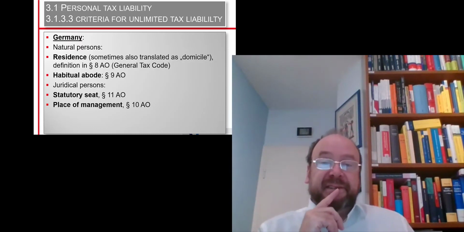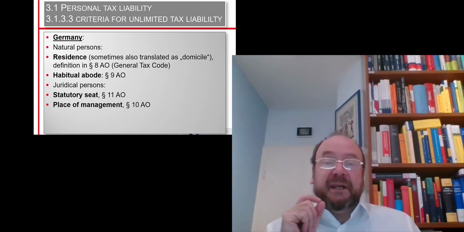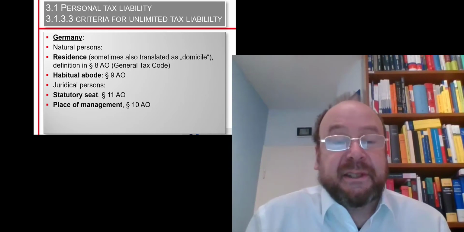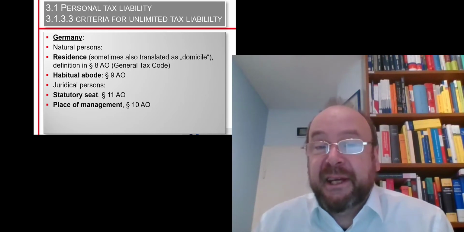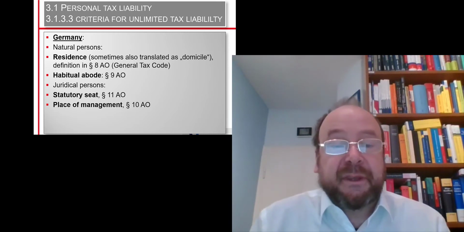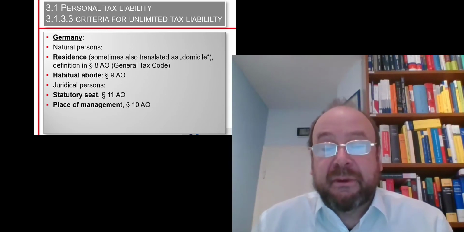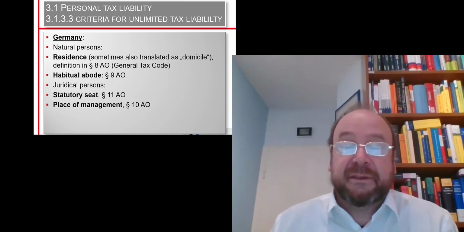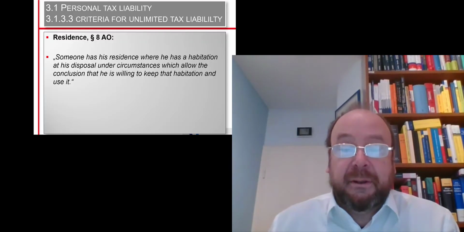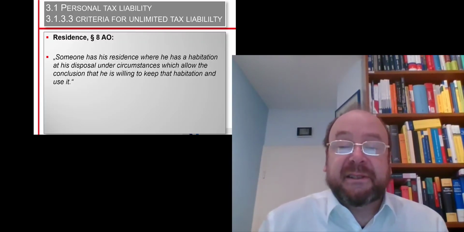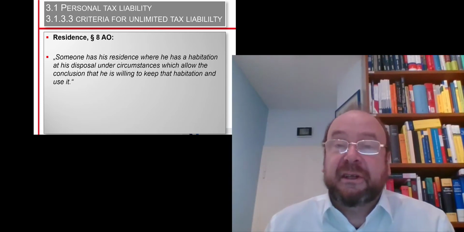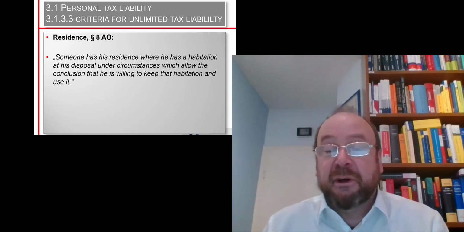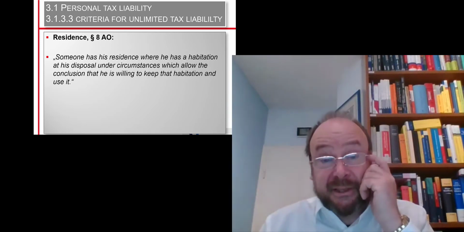When it comes to testing the personal tax liability, you must then test if something is unlimited or limited tax liability, and for this you must be sure about the terms residence, habitual abode, statutory seat, and place of management. So residence is where you have a habitation at your disposal under circumstances which allow the conclusion that you are willing to keep that habitation and use it.